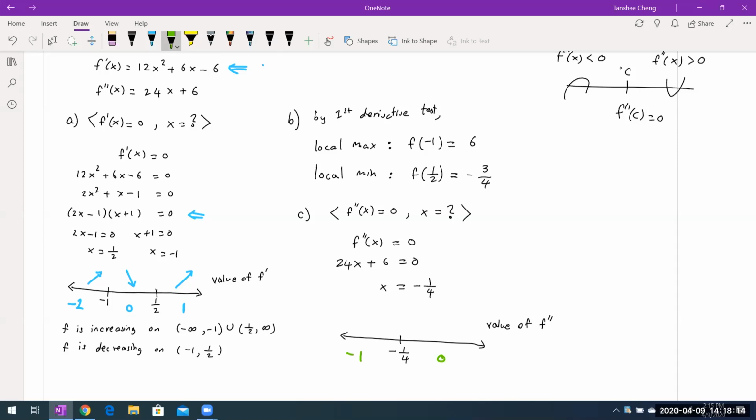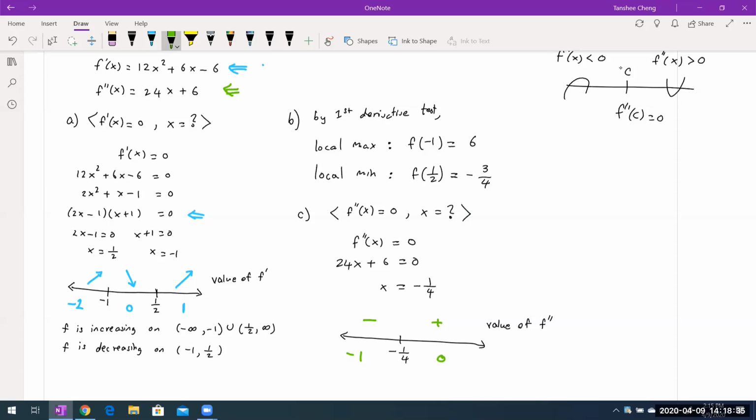Since we want to find out the value of f double prime, we are substituting into here. So when I plug in 0, this will be positive. When I substitute -1 into this equation, then we get a negative.